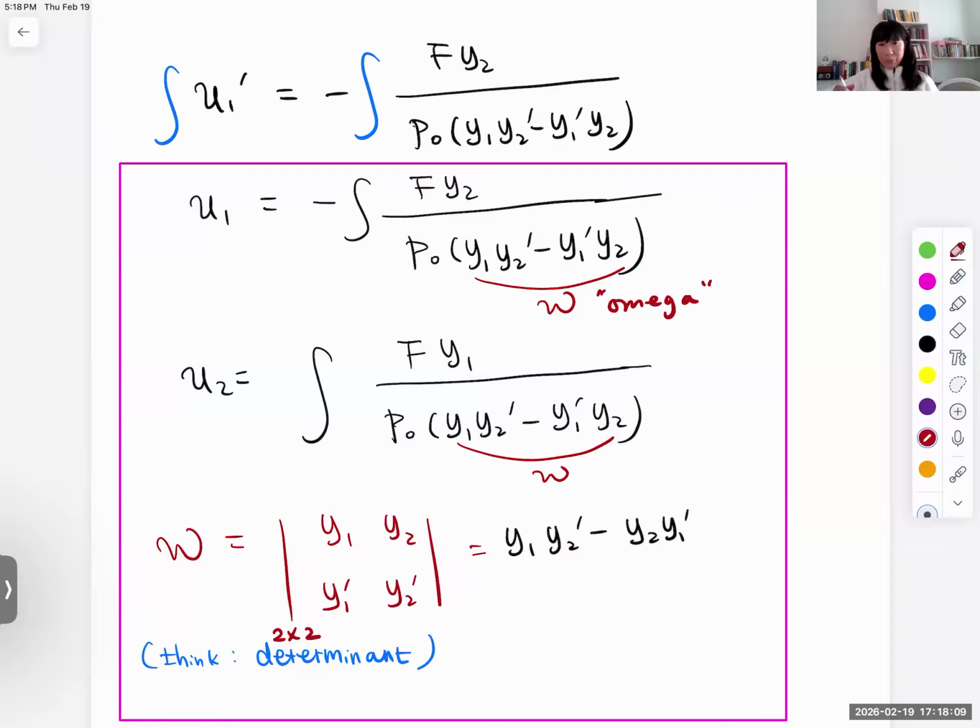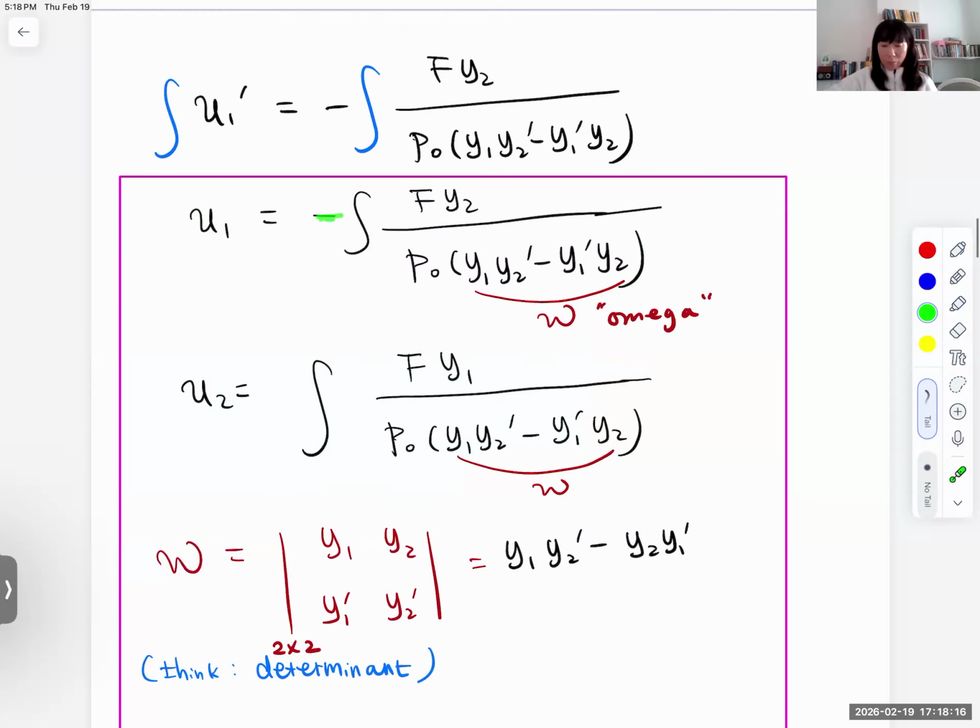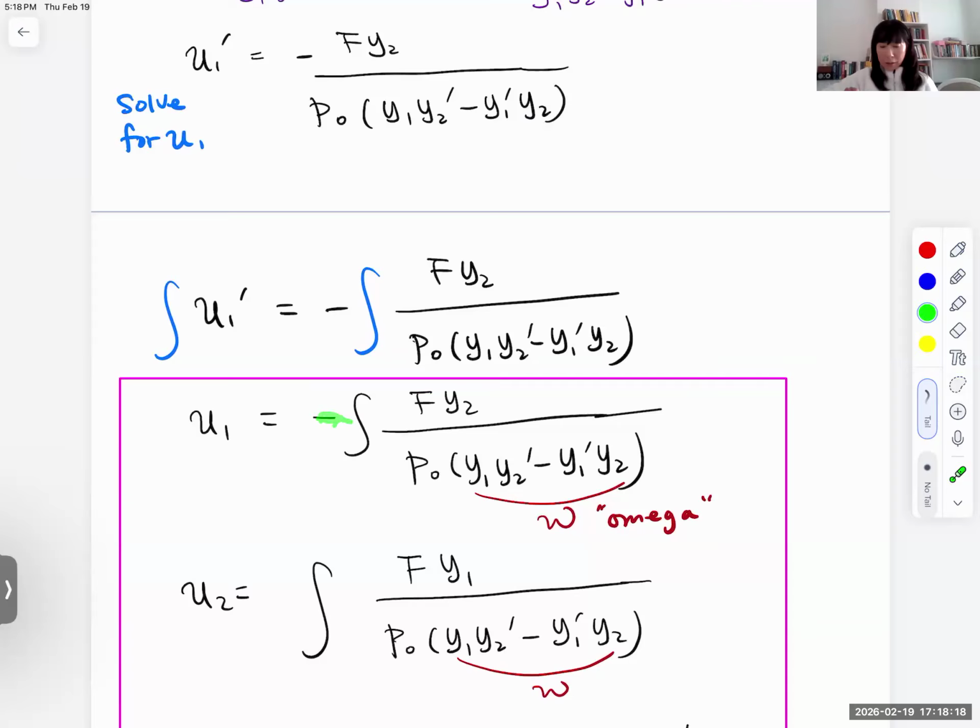We are using it. Okay, so let me finish here. So minus, we have the integral of f of x, y sub 2 over p naught and y sub 1, y sub 2 prime minus y sub 1 prime y sub 2, right?